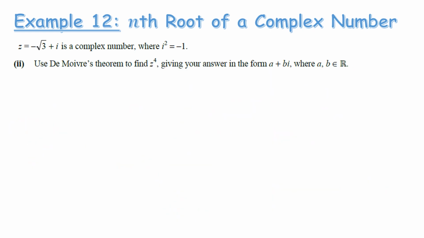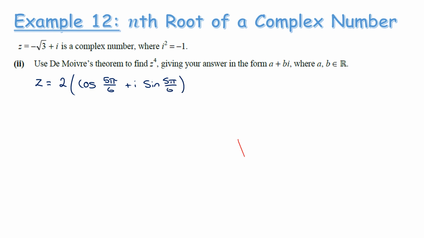So the second part then asks us to use de Moivre's theorem to find z to the power of 4, giving your answer in the form a plus bi. So we have z as a complex number, and now we're going to do z to the power of 4. From the previous part, we know that z is equal to 2 bracket cos of 5 pi over 6 plus i sine 5 pi over 6.